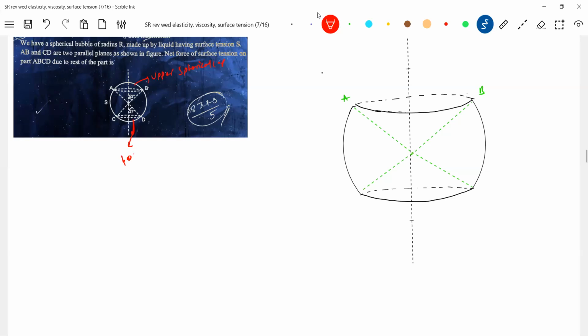Lower spherical cap. So upper spherical cap in what direction it exerts that force? It exerts that force tangentially. It'll be like this. Similarly, here it exerts force in this direction, on the lower spherical cap, tangentially.